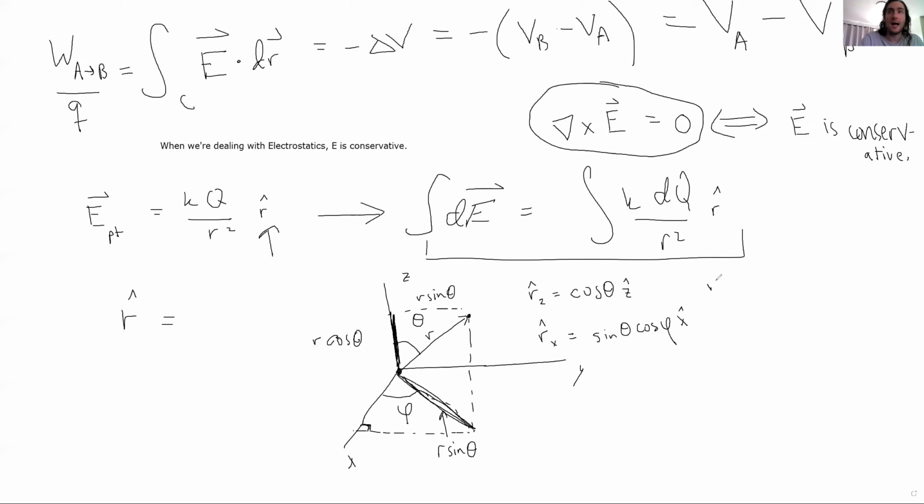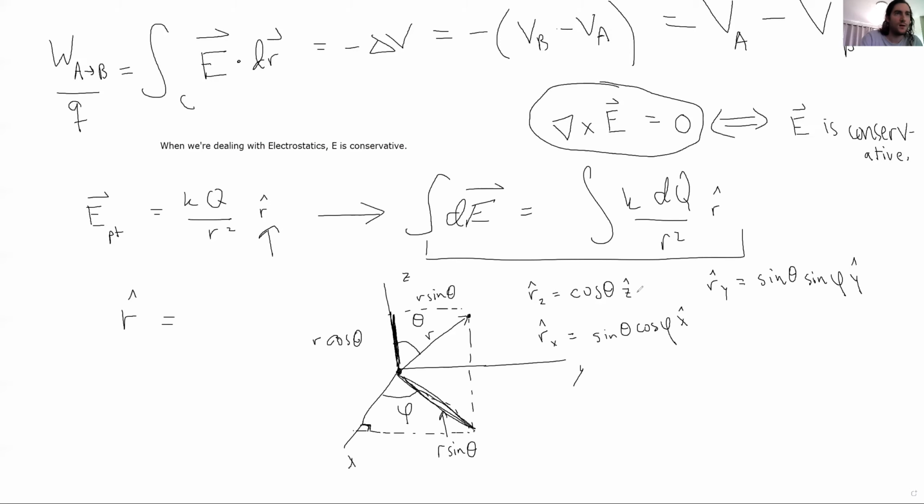Similarly for y, r hat y is going to be r sine theta times sine of phi. So r is 1, so it's sine theta sine phi. And that's the y hat direction there. Okay, so there you go. There's your spherical polar radial unit vector.